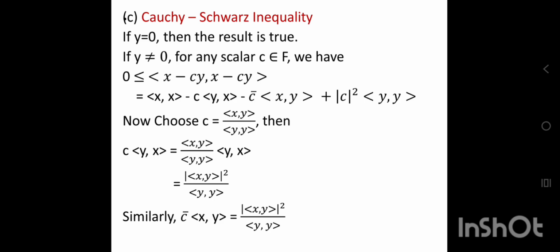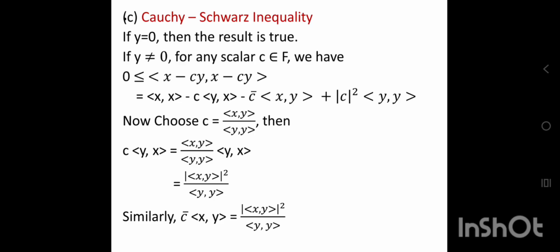So c into inner product y comma x equal to, already we chose the value c as inner product x comma y by inner product y comma y, into inner product y comma x. What is the value of inner product x comma y into inner product y comma x? It is nothing but modulus inner product x comma y the whole square divided by inner product y comma y.